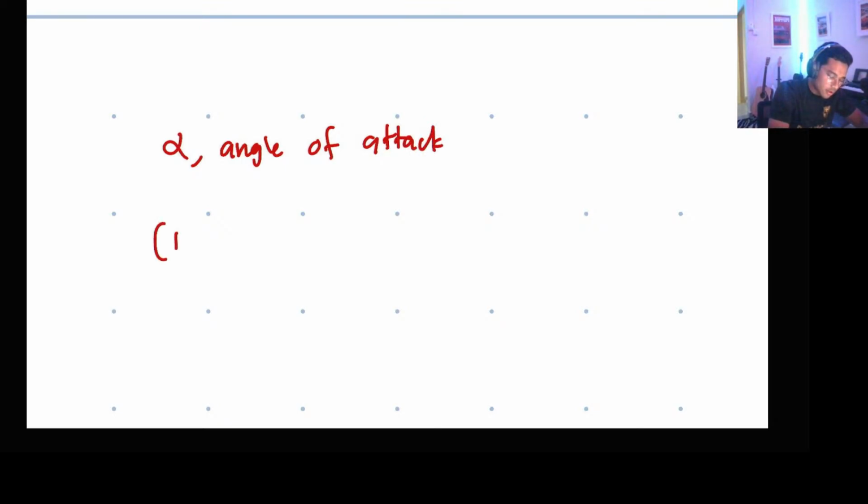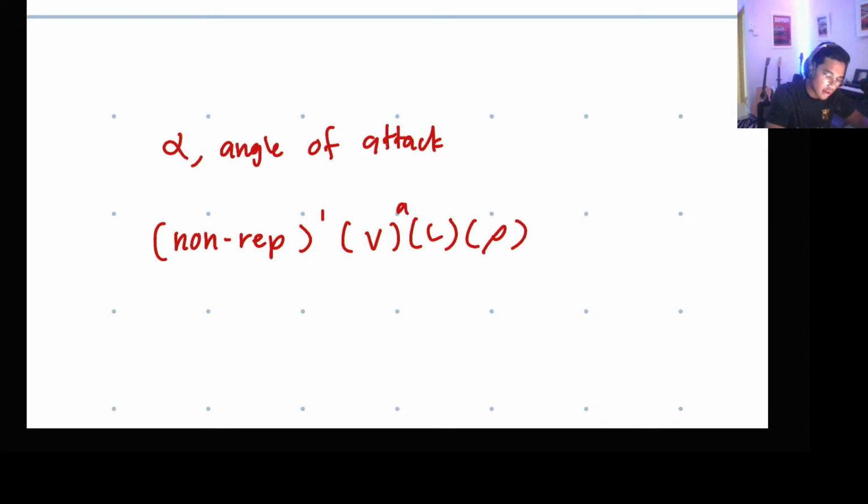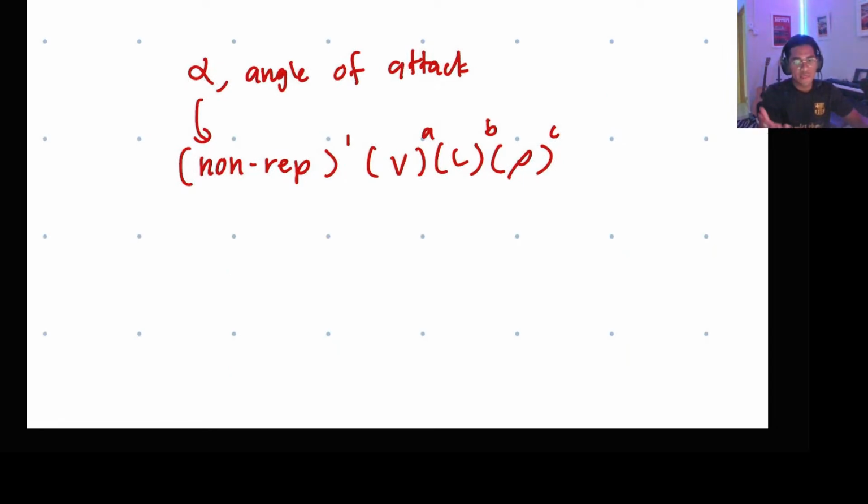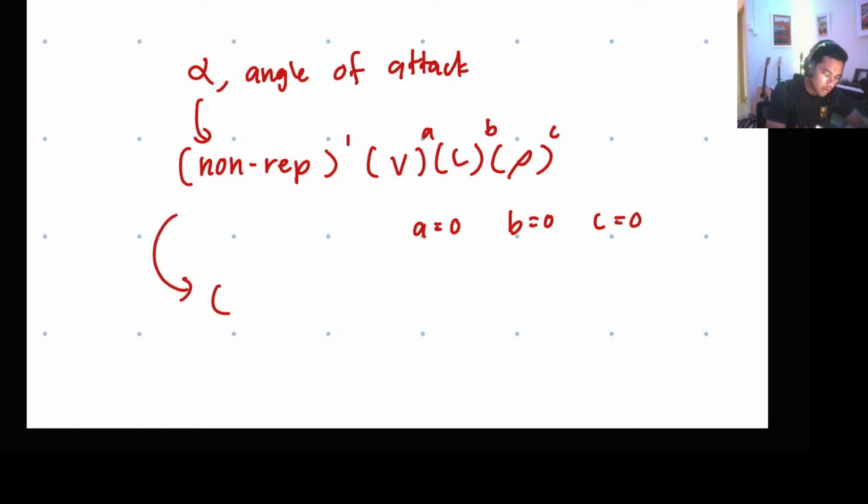Like we said, the non-repeating parameter only has power of 1, and the other three parameters have powers a, b, c. If that non-repeating parameter is alpha, a, b, c would not be useless, but we don't need them. So a equals 0, b equals 0, c equals 0. So we will only be left with the non-repeating parameter itself, which is angle of attack.